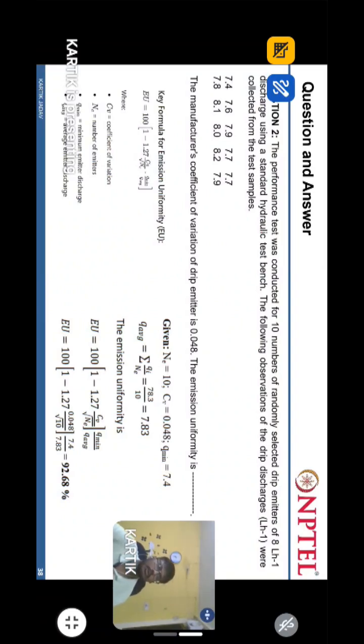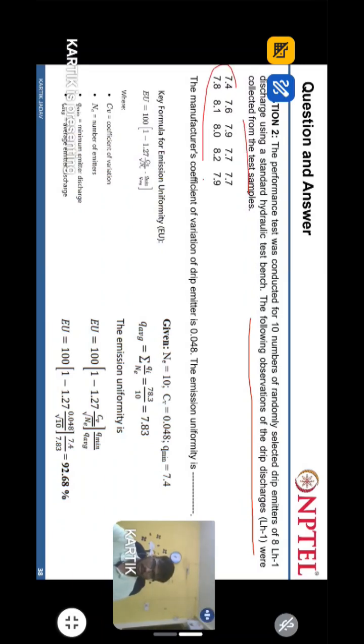Now question number 2. The performance test was conducted for 10 randomly selected drip emitters for 8 liter per hour discharge using a standard hydraulic test bench. The following observations of drip discharge were collected from the test sample.